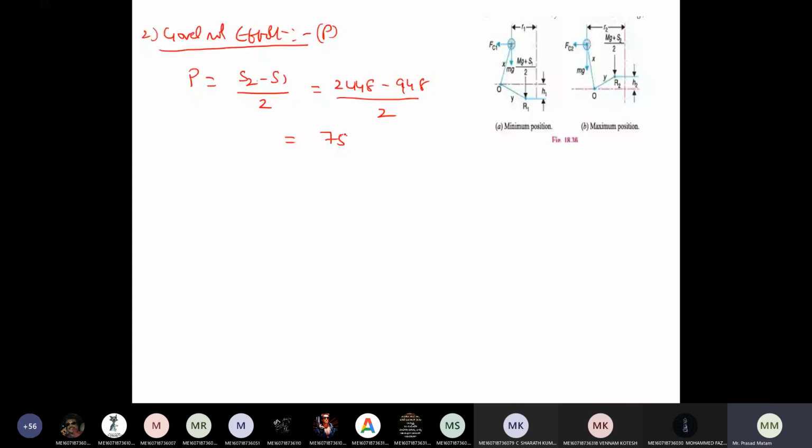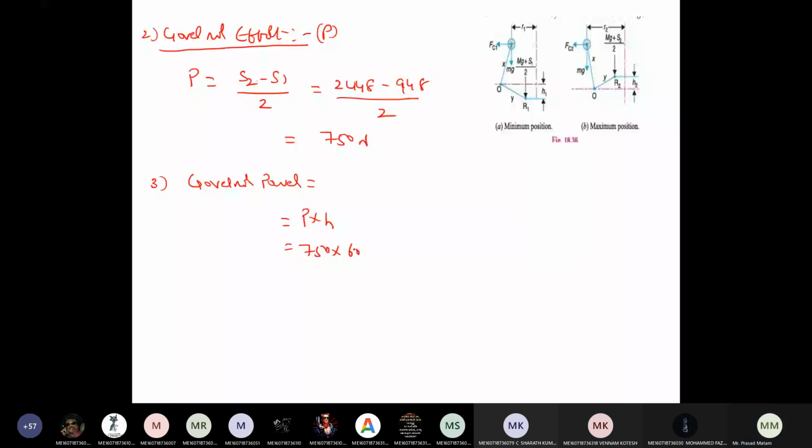Third one is governor power. Next we need to find governor power, which is given by the product of governor effort P into height. Where P is 750, height is 60 mm.